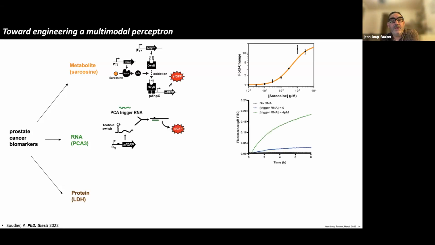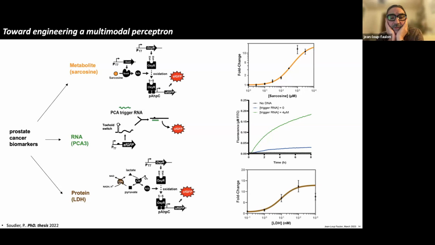For PCA3, we use a technology called the toehold switch, which was first published by Jim Collins' group on Zika virus, if I recall. We adapted this method for detecting PCA3, and you can see here the fluorescence level. And we also did the same for the detection of lactate dehydrogenase.